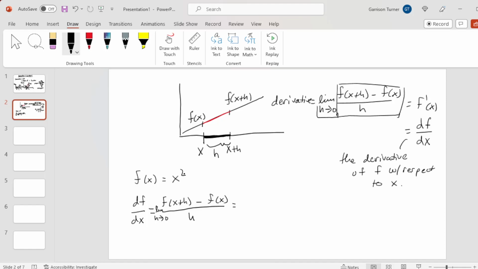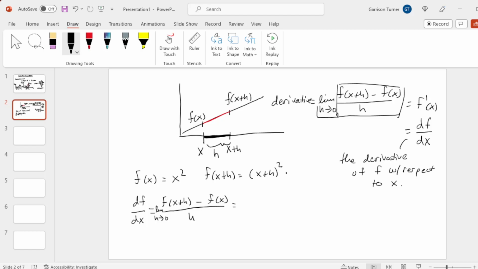Well, if f of x is x squared, then f of x plus h is going to equal x plus h quantity squared. So what this means is basically you just replace your argument everywhere there's an x, you replace it with an x plus h, and you then do whatever algebraic function needs to happen.